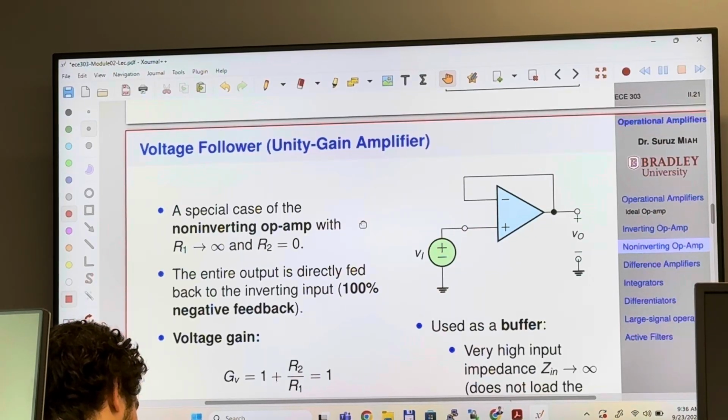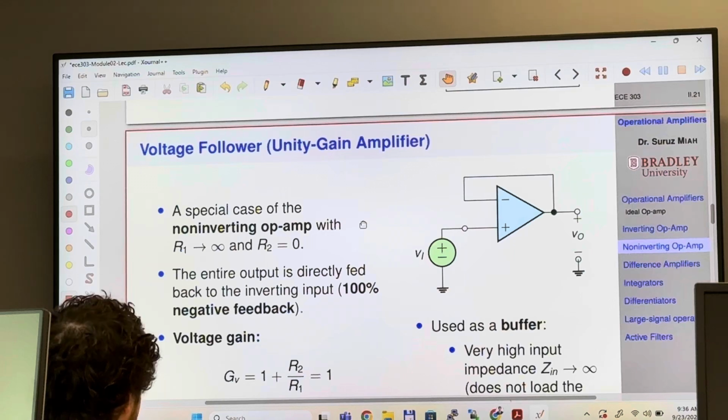Now, voltage follower. You have seen the op-amp, and this voltage follower circuit was in the lab handout that I gave you. Did you see that, guys? Did you see this circuit? In the lab handout, we have that.